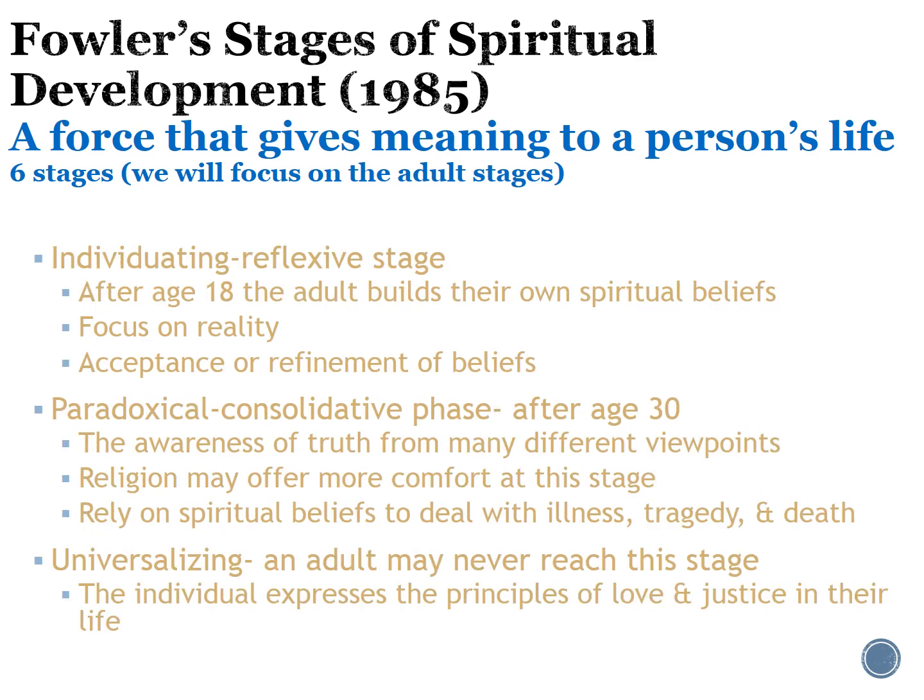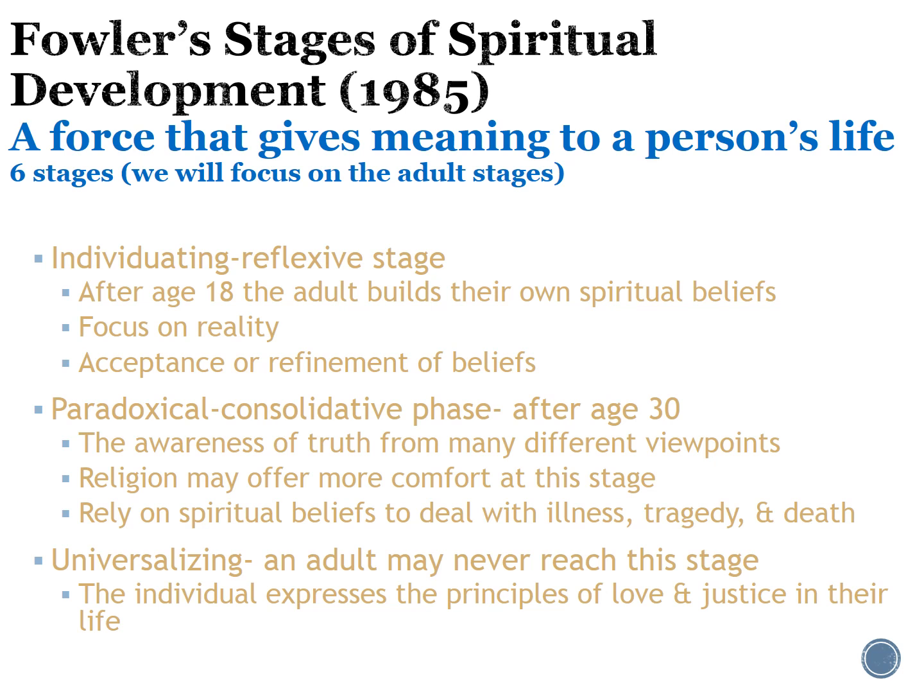In the adult stages of Fowler's stages of spiritual development, there are 3 stages. After 18, the young adult is beginning to focus on reality and accept refinement of these beliefs or acceptance of these beliefs based on what they've been told up until this point.